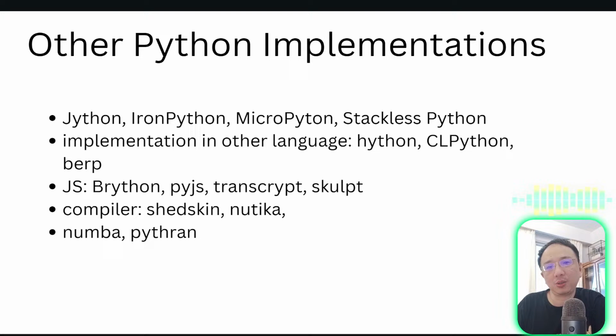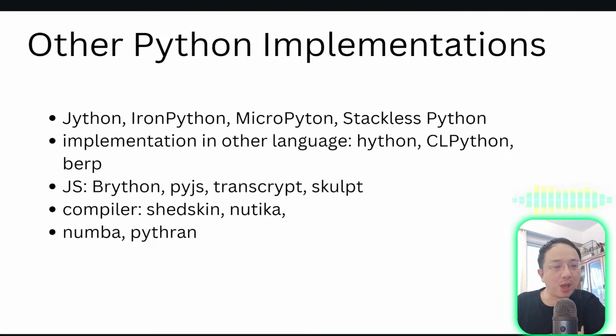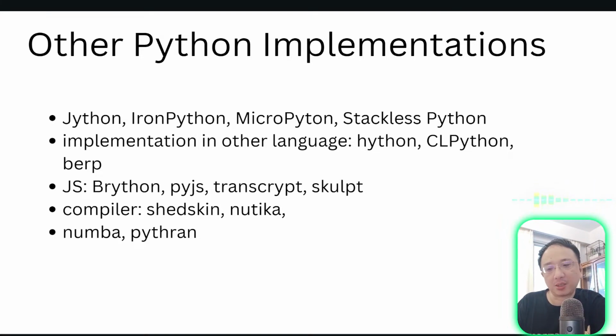Another way we can use today is a large language model. We have very good large language models, and people already use them to transcribe one language into another. So I think a lot of the functionality that ShedSkin has, we can probably do with a large language model, converting Python code into equivalent C++ code to improve performance.